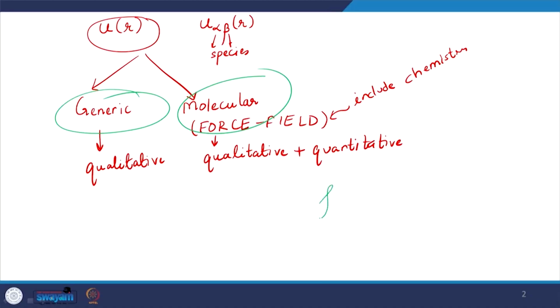But the key idea that we will borrow from the discussion that we have already done is that the Hamiltonian is not going to change, the description of the phase space is not going to change, the interaction potentials or the U of R are not going to change. The fact that we can do a generic simulation or a molecular simulation using a force field is not going to change.